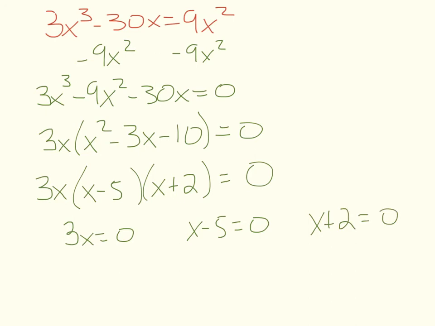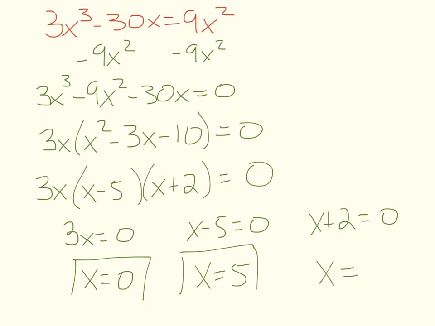On this first one, we're going to divide by 3. So x equals 0. That's one of our answers. On the second one, we're going to add 5 to both sides. So x equals 5. And on the third one, we're going to subtract 2 from both sides. x equals negative 2. So we have all 3 of our answers.